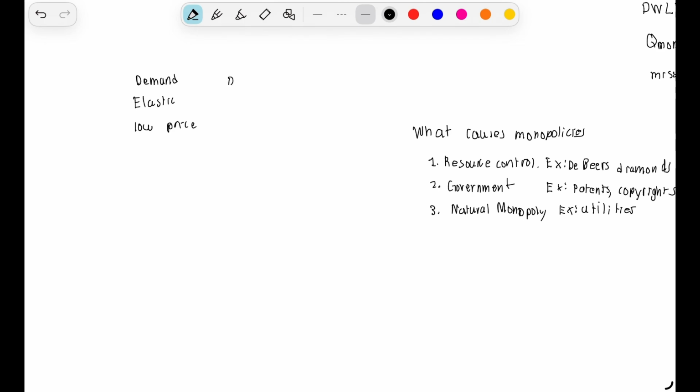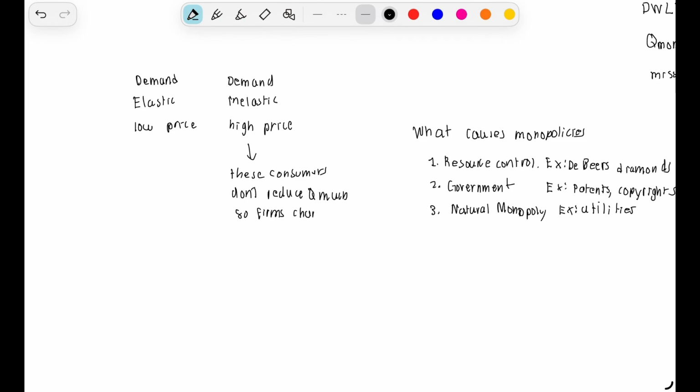If you have a demand that is inelastic, that is a high price, because inelastic consumers don't reduce Q much. So that causes your firms to charge more.